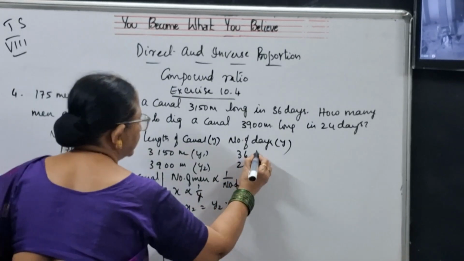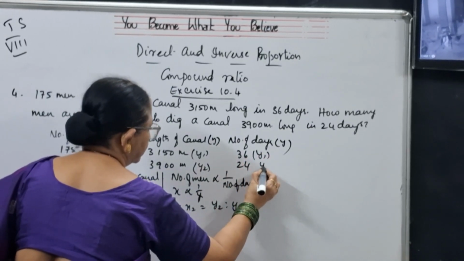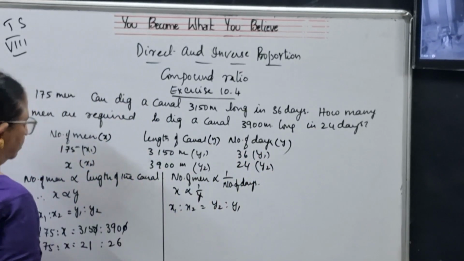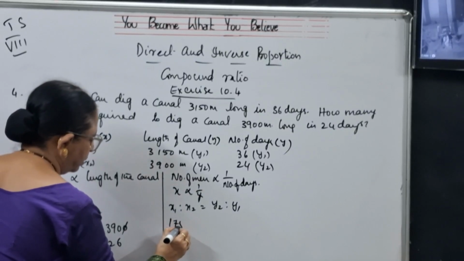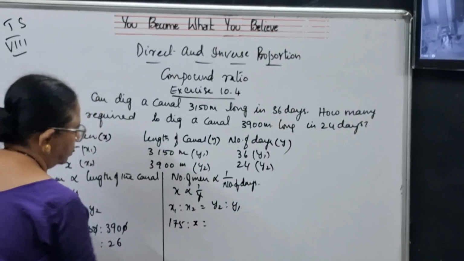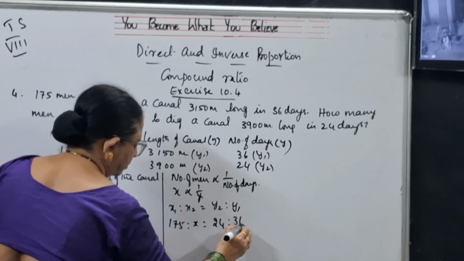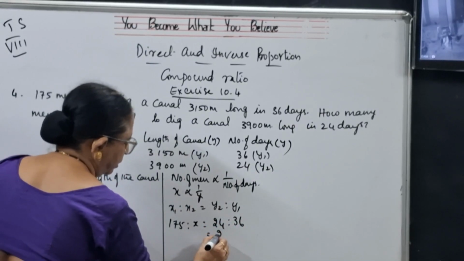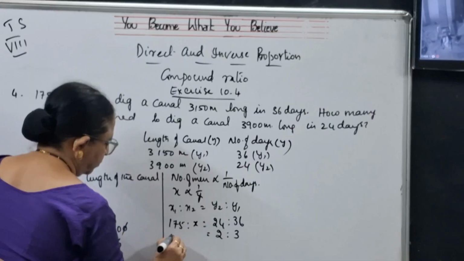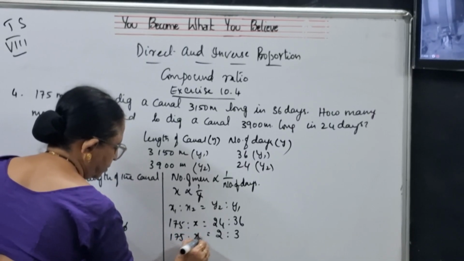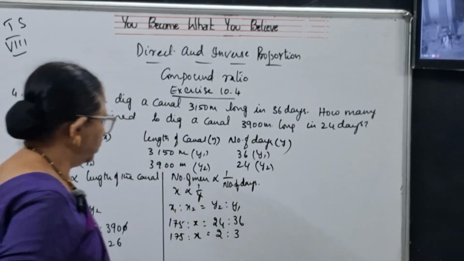So, this is y1, this is y2. So, 175 is to x is equal to 24 is to 36. 12 twos are 24, 12 threes are 36. So 175 is to x is equal to 2 is to 3.